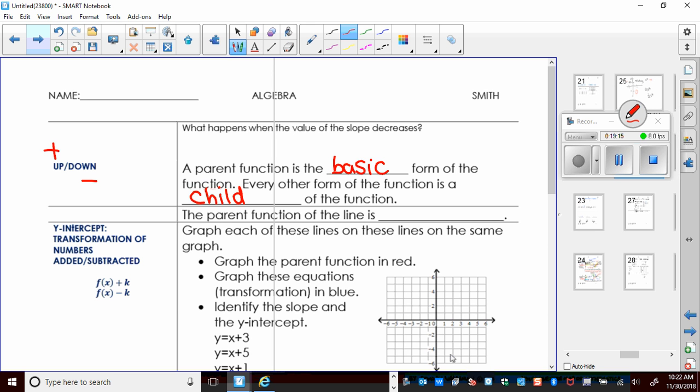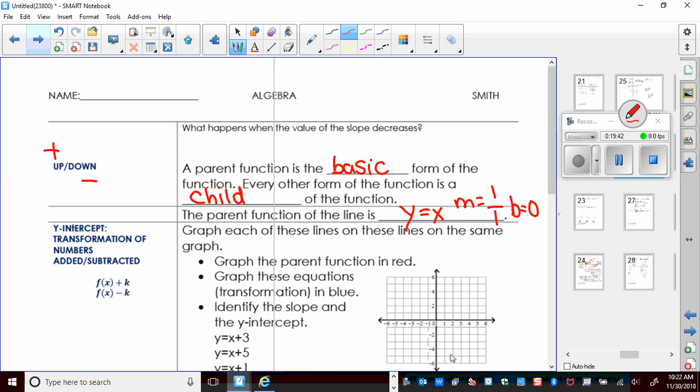The parent function of all lines is y equals x. I want to graph the slope of this line. M equals 1. Divide by 1 to get rise over run form. B equals 0. Graph your parent function. And then we're going to look at the slide.